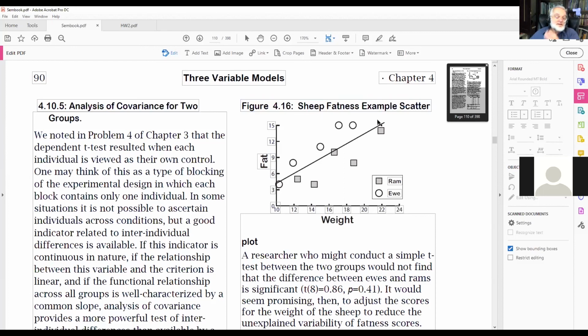Now, this is a small data set. But if, for example, you were dealing with a few hundred people, and not to dwell on alcohol too much, you're looking at scores on a personality measure, say a reasons for drinking measure, and how much people actually drink, you might find that that regression slope looks a lot different for the men than the women.